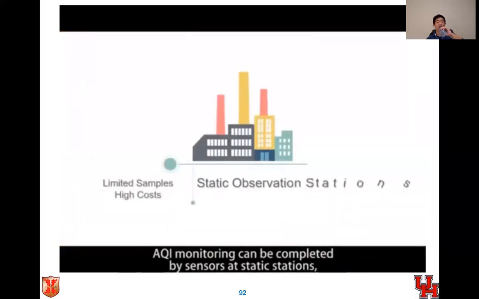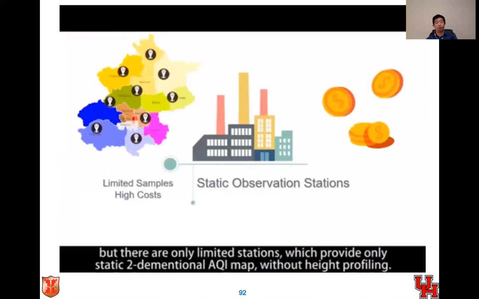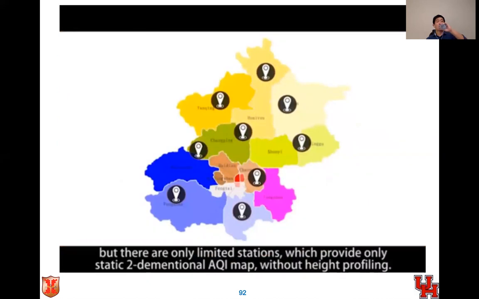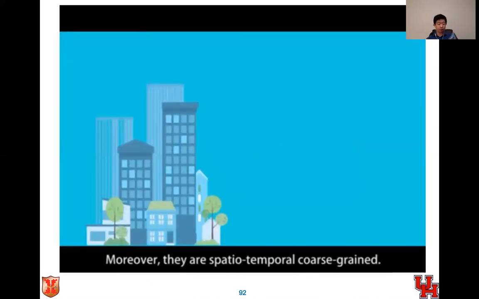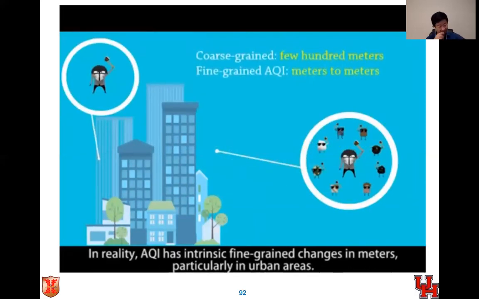AQI monitoring can be completed by sensors at static stations, but there are only limited stations, which provide only a static two-dimensional AQI map without height profiling. Moreover, they are spatial-temporal coarse-grained. In reality, AQI has intrinsic fine-grained changes in meters, particularly in urban areas.